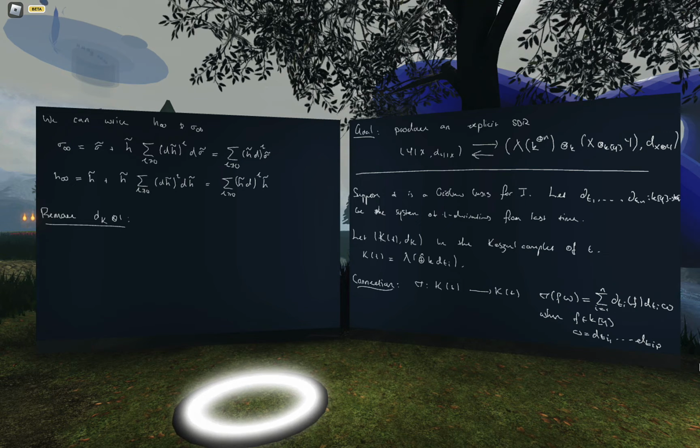Okay, so in a previous talk, we showed that we have the following isomorphism of linear factorizations.